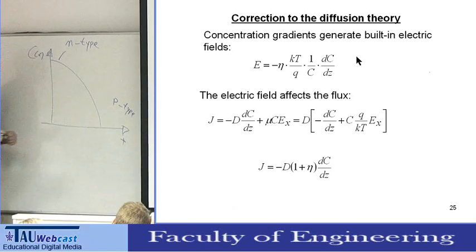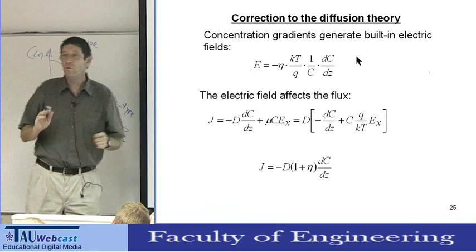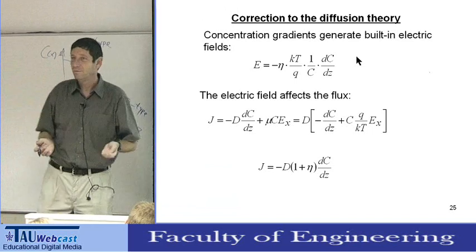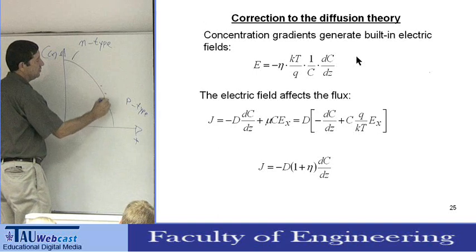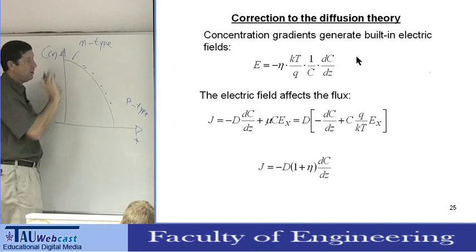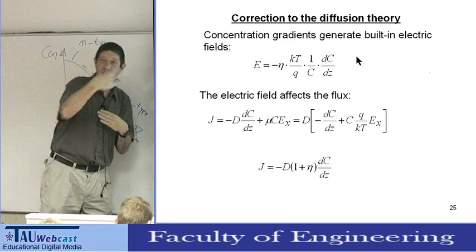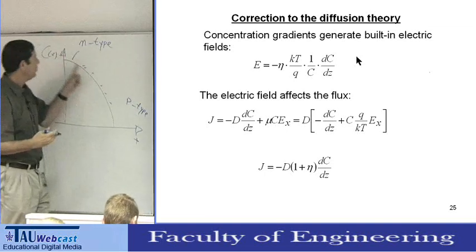Because this is N-type dopant, I have a lot of electrons here. But the electrons' diffusion is much faster, so the electrons are diffusing slightly faster than the atoms of the N-type dopant.